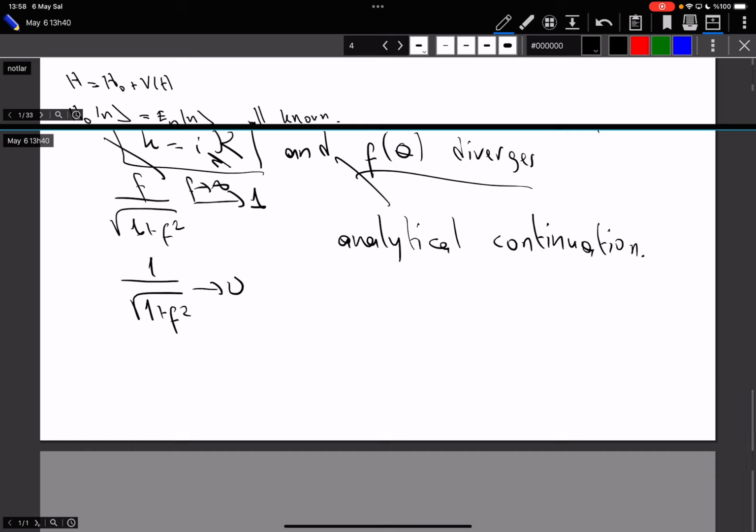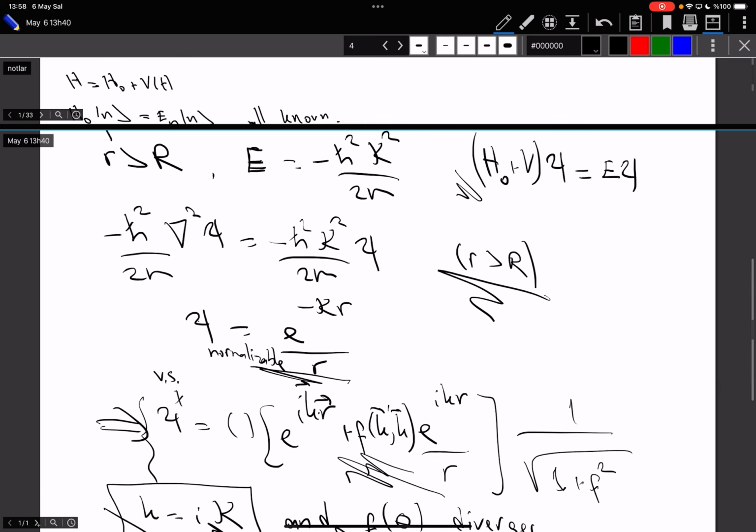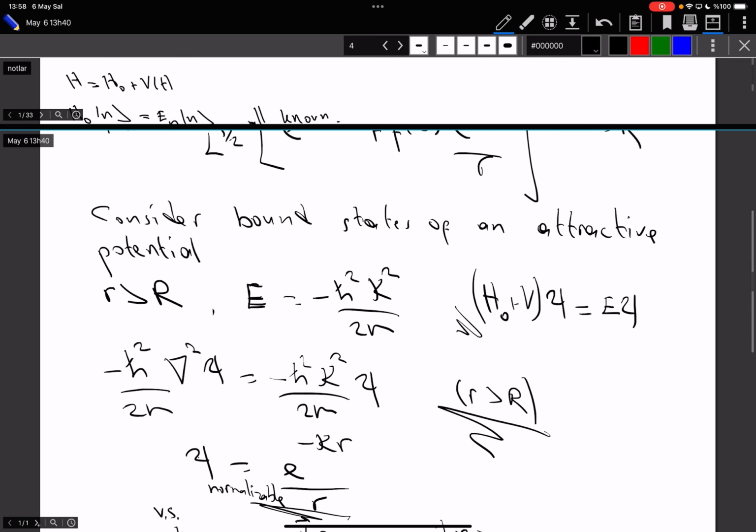You divide it in different regions where the potential is 0, regions where the potential is non-zero. You solve them separately and then match them. So here I don't really care about the exact solution. What I'm saying is, let me just look at my Schrödinger equation in the regions where the potential is 0. So that's why I have this one. In those regions where the potential is 0, this is my Schrödinger equation.